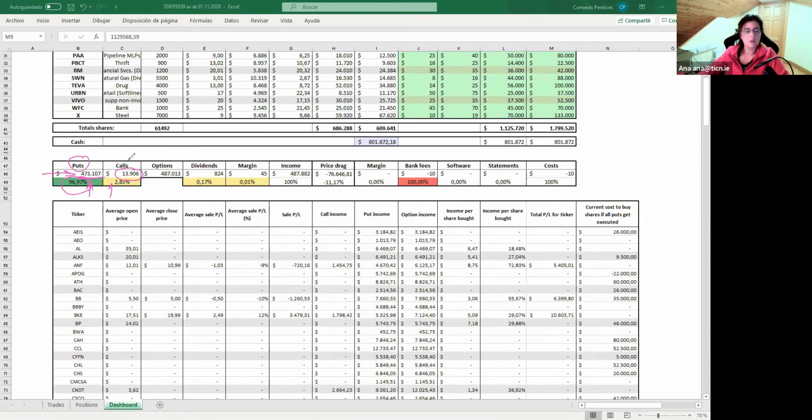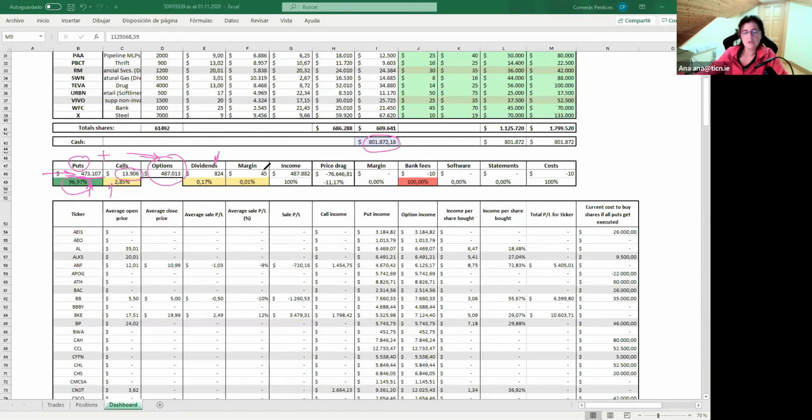And at the beginning, we sell puts and puts and puts. And it takes a while to get the full allocation. As you see, we still have 100,000 of cash that we haven't used to buy shares, to complete the allocation, to complete the portfolio. In total options, puts plus calls, we have all the options. Dividends, because the shares have been put to us only recently, we haven't collected that many dividends. These will grow with time.